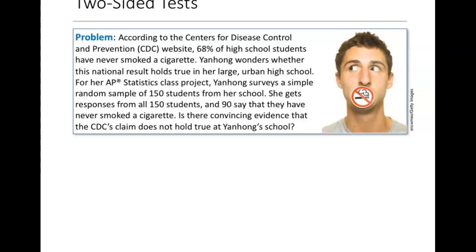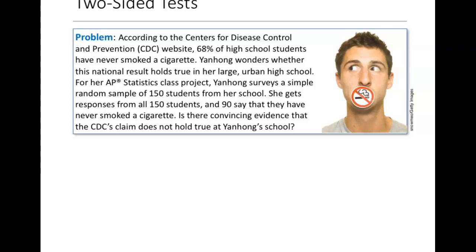So for her AP statistics class project, she surveys a simple random sample of 150 students from her school. She gets responses from all 150, and 90 say they have never smoked a cigarette. Is there convincing evidence that the CDC's claim does not hold true at Yan Hong's school?